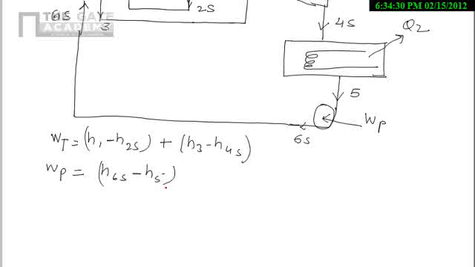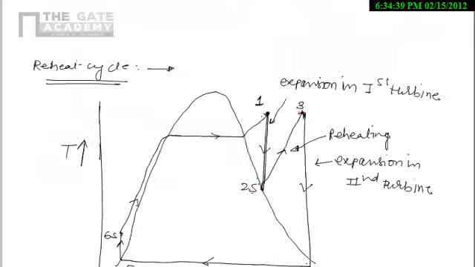So we can say that due to the reheating, the net work output will increase. But what about efficiency? If you see this thing here and here, here again the heat addition is more, so the efficiency will depend on work as well as the heat addition. So the efficiency due to reheating will only increase when the mean temperature of heat addition is higher.